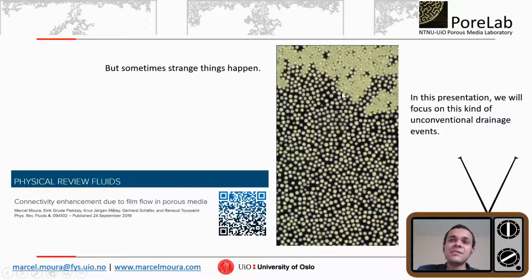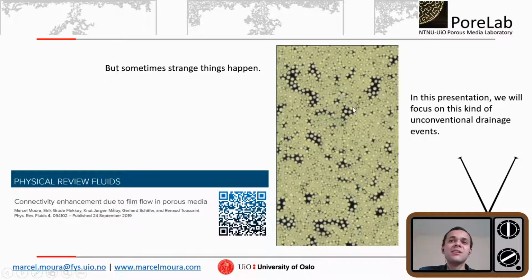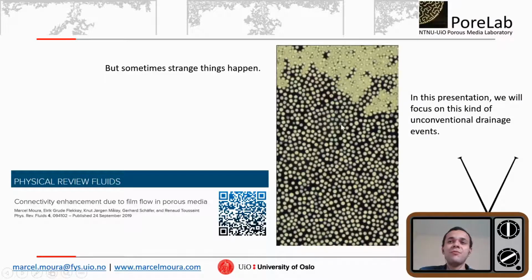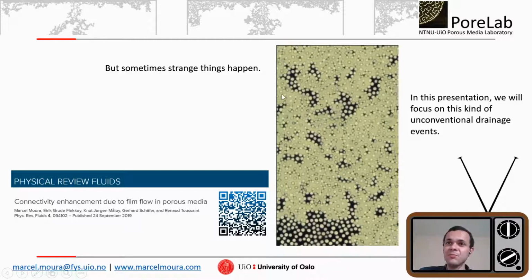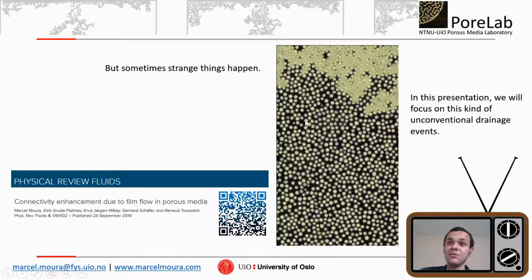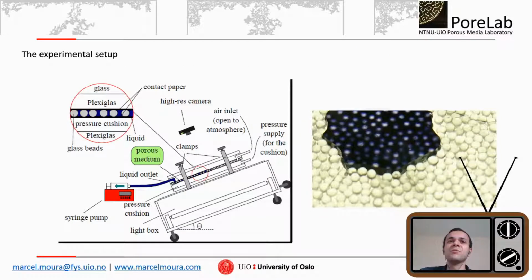It's different from the regular invasion event because drainage here is not happening through the usual pathways of pore throats and pore bodies, because all of the pore throats and pore bodies around here are filled with air, the other phase. So something else is happening there. There's some other mechanism to explain this drainage. This is what we're going to study.